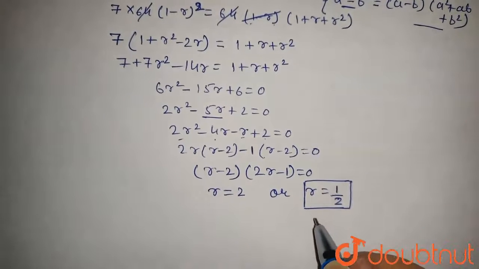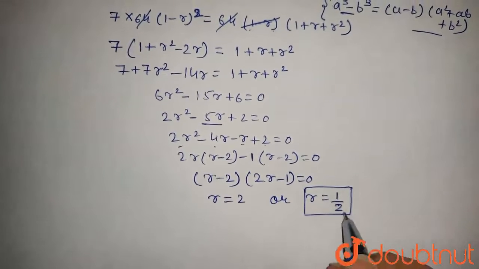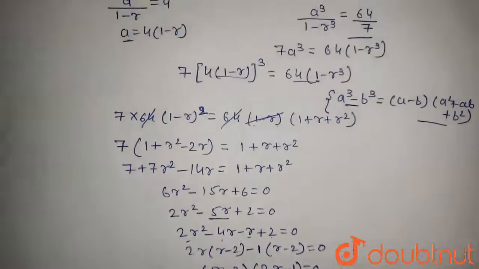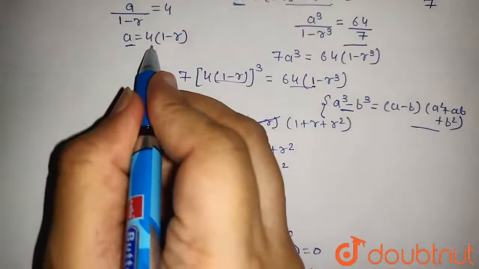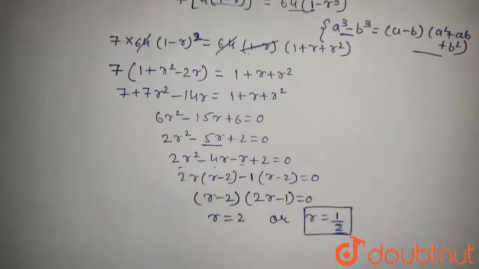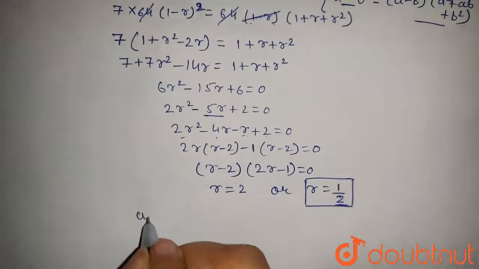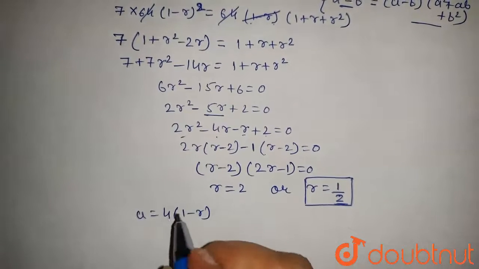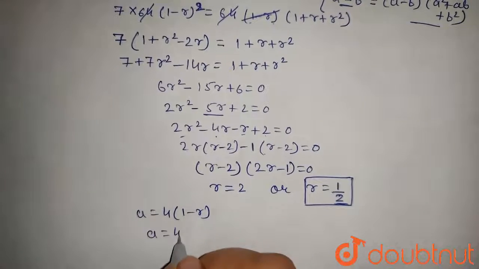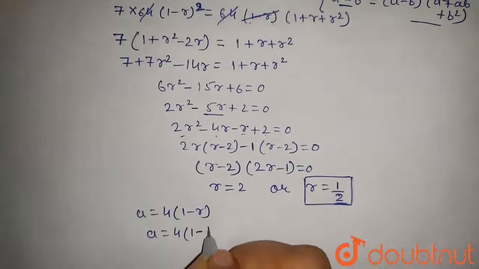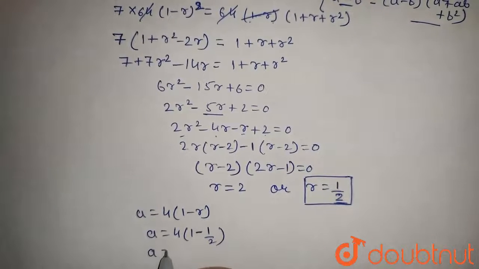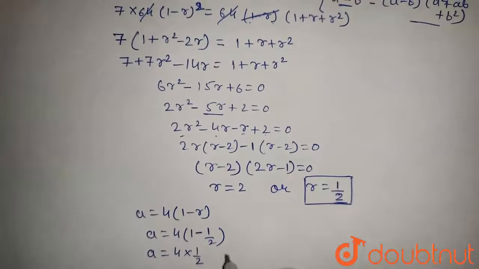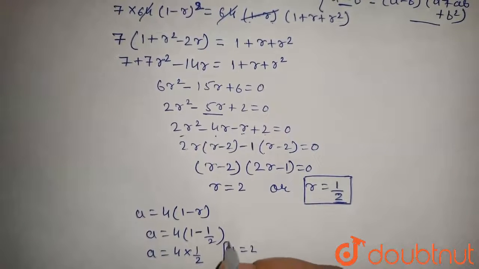Now putting the value of r in this equation, a is equal to 4 into (1 minus r). Putting the value of r here, we get a is equal to 4 into (1 minus 1 by 2), or a is equal to 4 into 1 by 2. From this we get a is equal to 2.